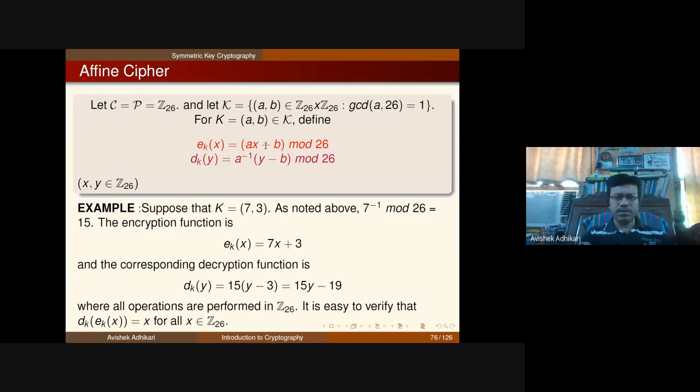We have already seen the size of the key space was 26 times phi of 26, that means 26 times 12. So it's a little more than the key space for the Caesarean cipher. In that way, this scheme could be considered a better scheme than the shift cipher.